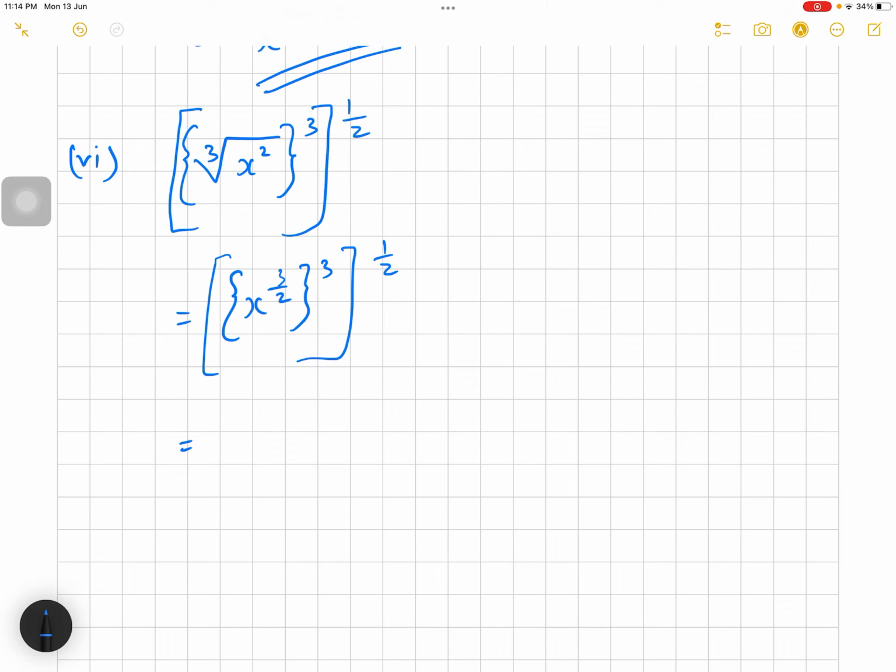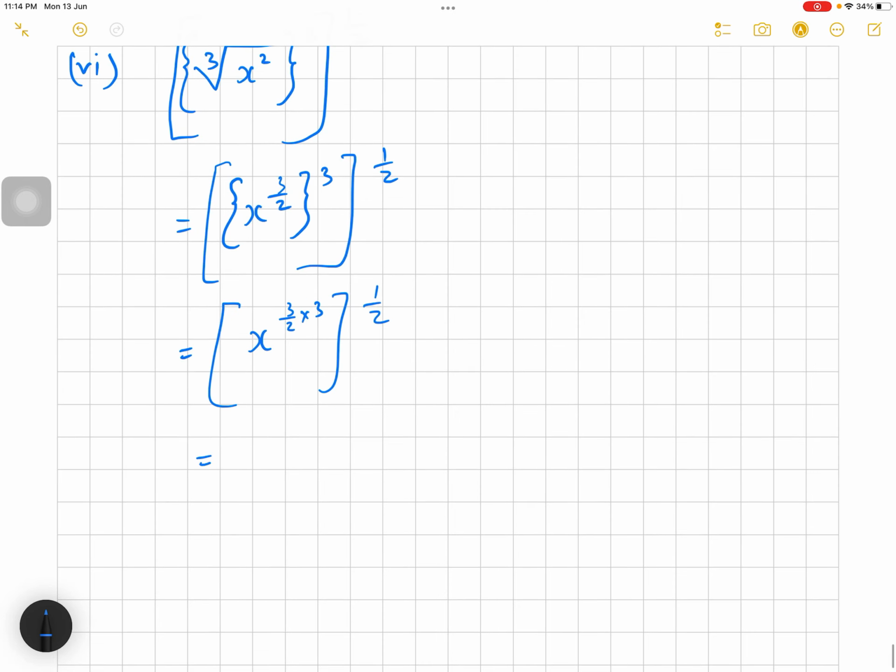Okay. Now I'll remove the bracket. So it will become x raised to 3 by 2 into 3. Okay. The whole raised to 1 by 2. If I remove that bracket as well, it will become x raised to 3 by 2 into 3 into 1 by 2. Okay.